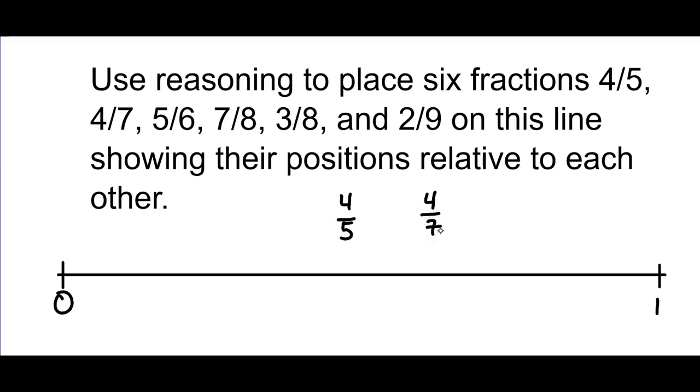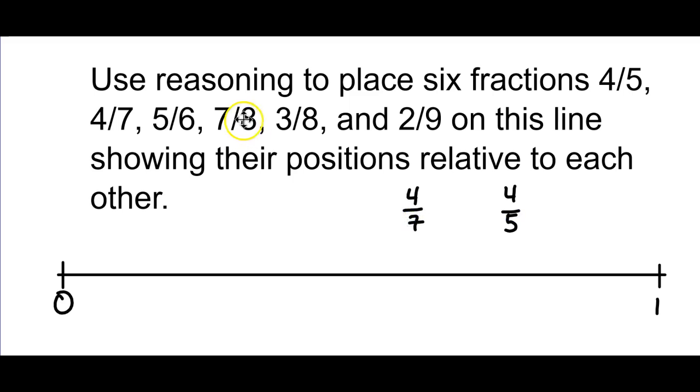Notice they both have the same numerator. Which one's larger? Well, this one's divided into more pieces, so 4/5 should be larger because fifths are larger than sevenths. So I've got 4 of those fifths and only 4/7 there. So if I'm putting these in order, 4/5 and 4/7 go like this.